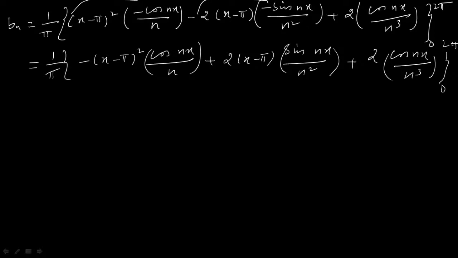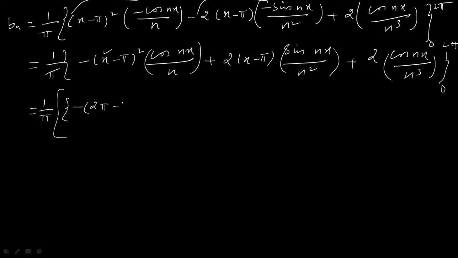As usual, you have to substitute the limit like upper limit minus lower limit. So first we substitute the upper limit, that is 2 pi. This is equal to 1 by pi, the big parenthesis, and you have a sub parenthesis in this form. So minus of cos 2n pi becomes positive, so you replace this x by 2 pi.